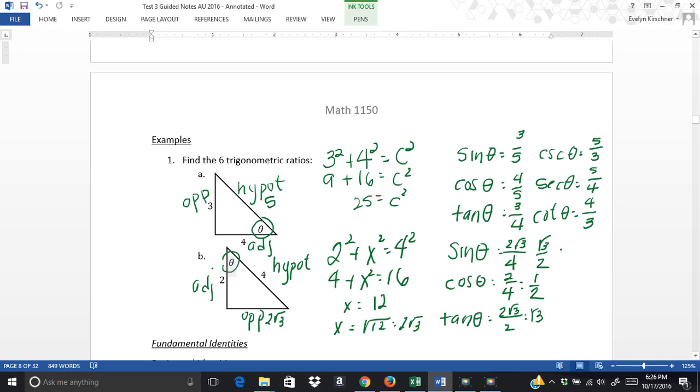So I could do the other ones. I know that it's going to be 4 over 2 radical 3, which is 2 over radical 3, and I can rationalize the denominator, which becomes 2 radical 3 over 3, and I can do the other two similarly.